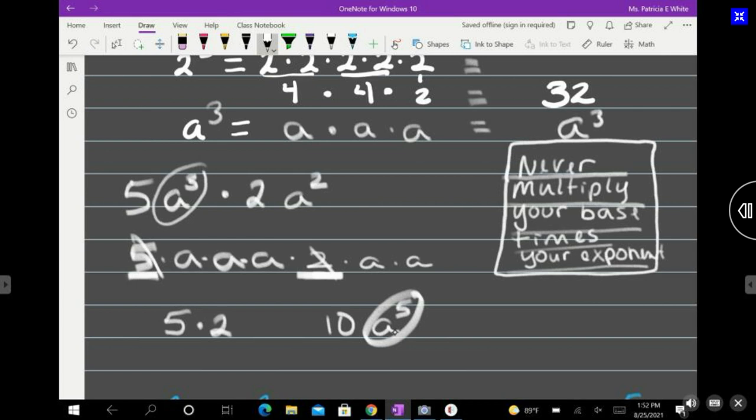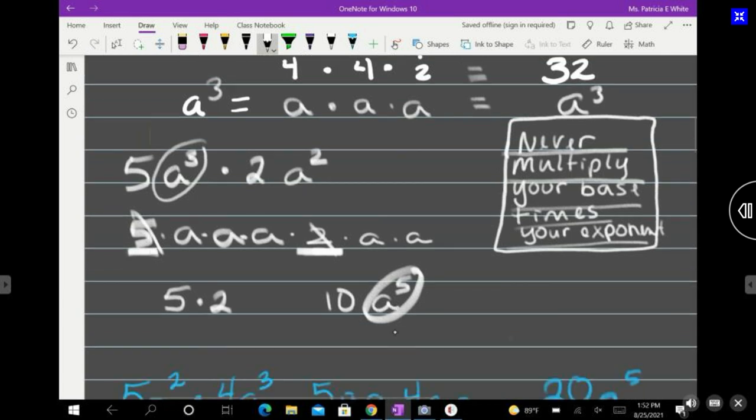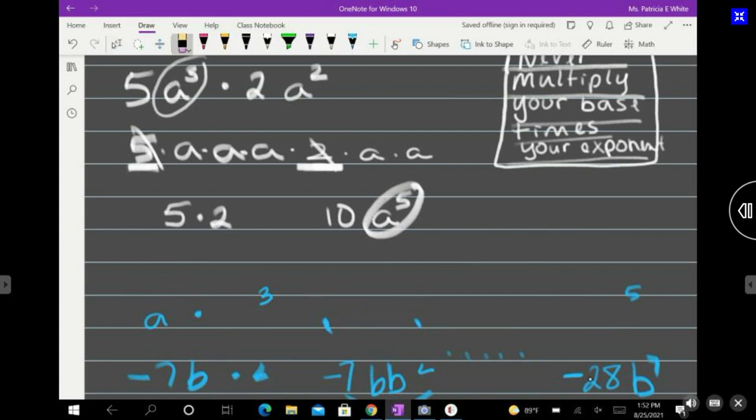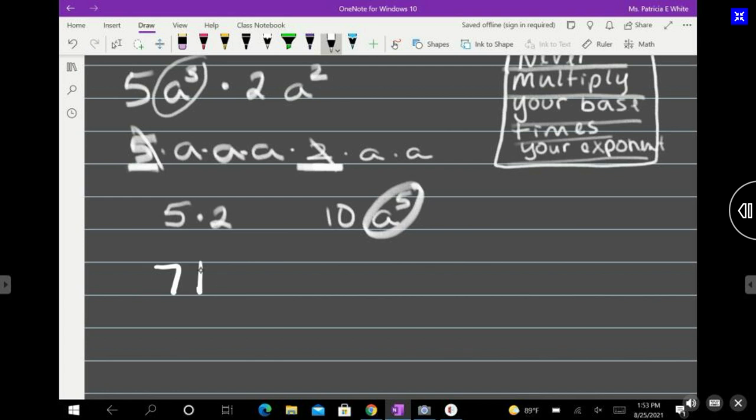Alright, so try this for me. Write that all out in expanded form.